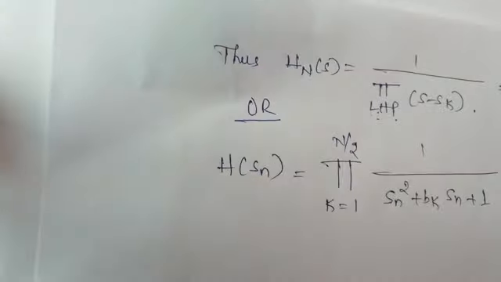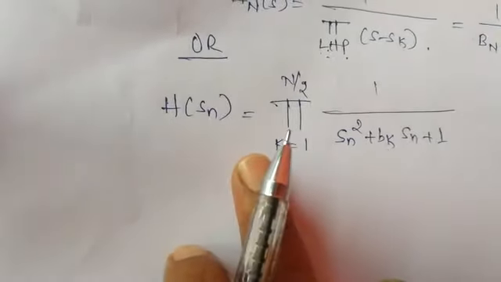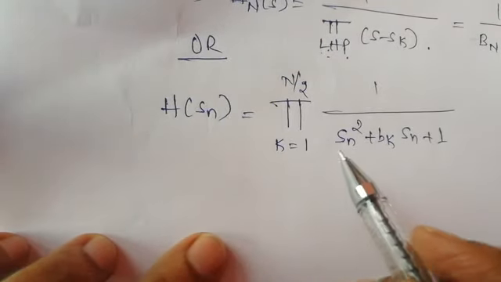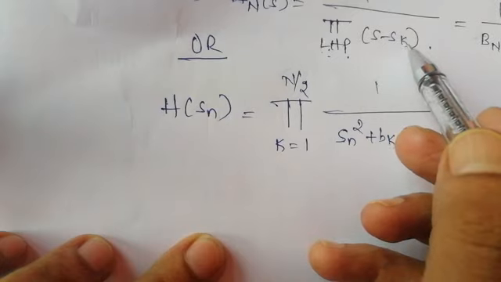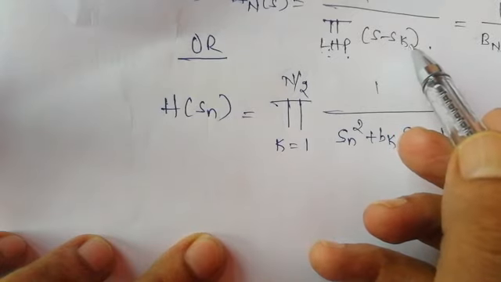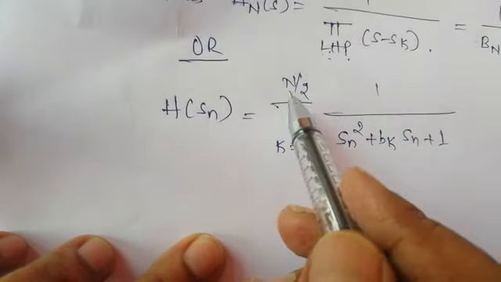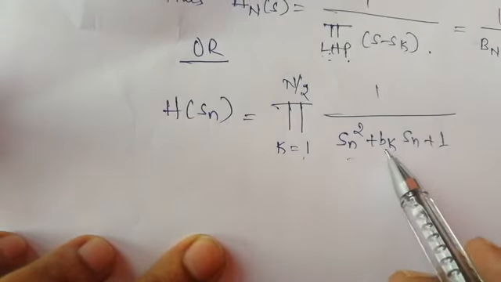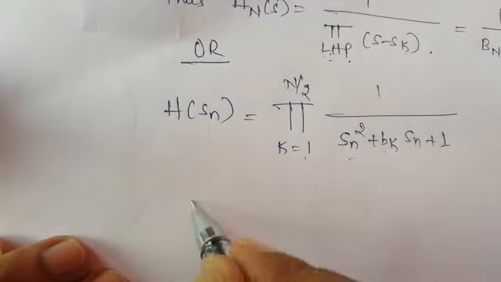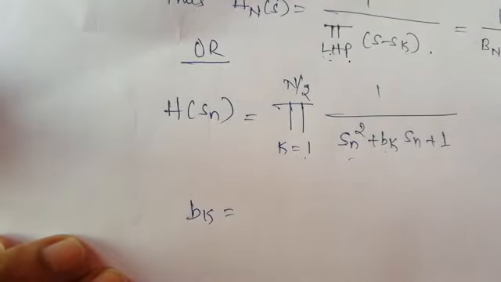So in the other way of representing the transfer function of the Butterworth filter, as I told, only half of the poles we have to consider. If there are 10 poles, we are considering only 5 poles. Because of that reason, the value of k varies from 1 to n by 2 in Sn Bk. So how to calculate the value of Bk? There is a formula.